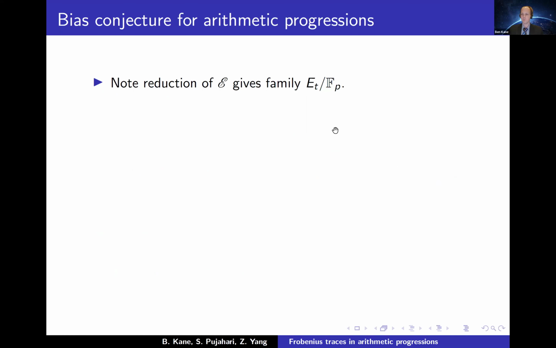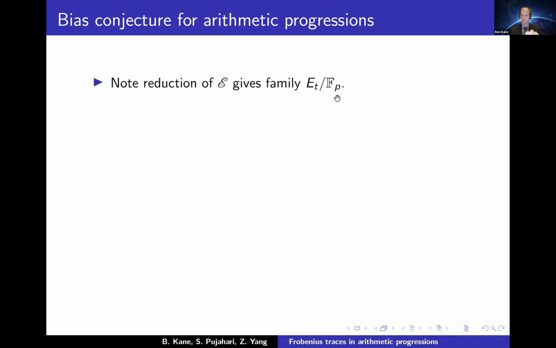Okay, so why am I interested in this? Well, if we reduce these elliptic curves to a finite field, so again, I'm starting at the bottom, right? I'm starting at the finite field. All the questions I looked at so far, I'm starting at the finite field bottom, and I'm looking at the question of the average across the finite field, as opposed to fixing over the rationals and reducing. Well, if we fix this family here, then we get a set of elliptic curves over the finite field. Again, possibly with some repeats, right? So actually, they're taking the same kind of average that I'm taking, but they're varying in a different way.